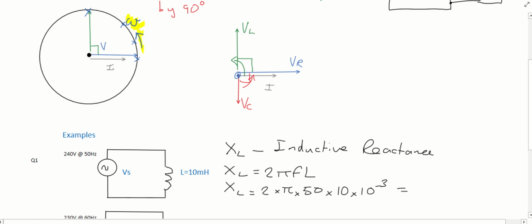Okay, so if we calculate that, 2 times 50 is 100, times pi, so 100 pi, which is 314.159, times 10 to the minus 3, so equals 3.159. And the units are ohms.